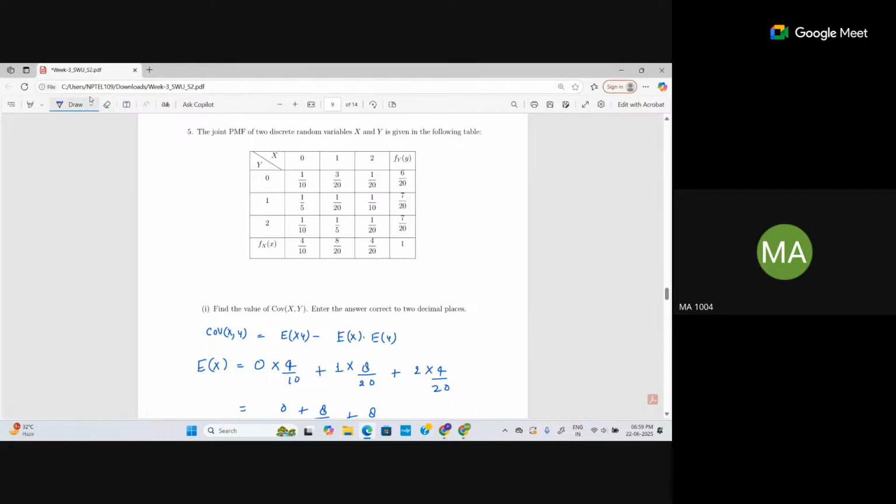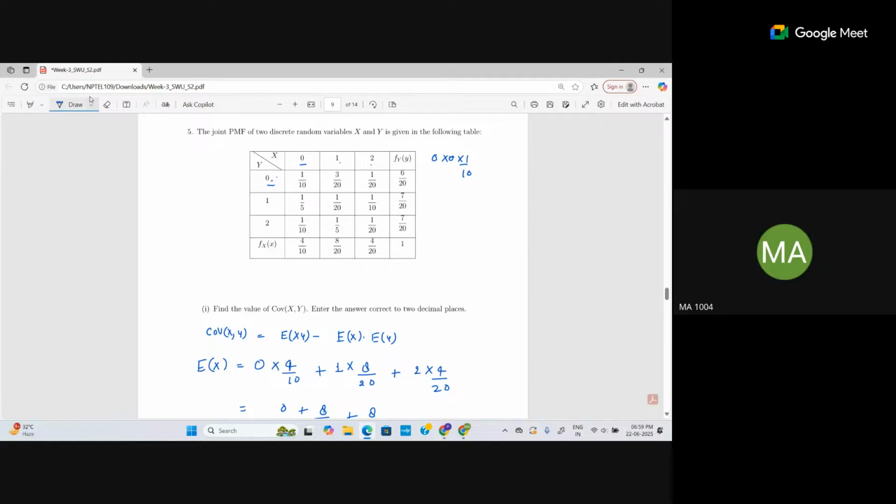So first one is 0 into 0 into 1 by 10, so this will ultimately become 0. Then 0 into 1 also becomes 0, and 0 into 2 will also become 0. So the first row will become 0.